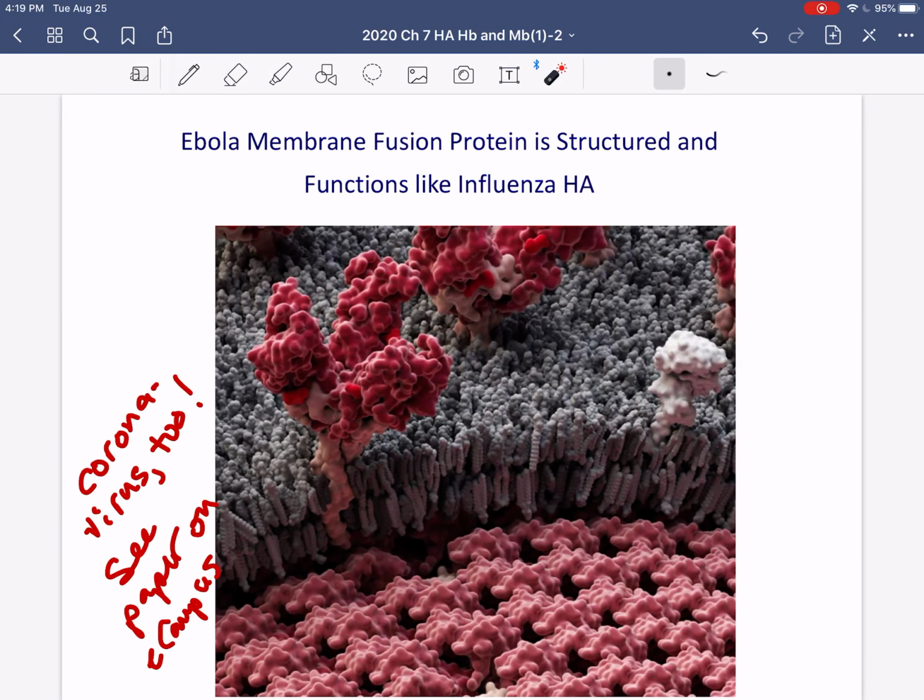And here's a structure in a space-filling model of the Ebola virus trimer on the surface of the Ebola virus membrane in gray. So that's just one example. And if you want to see the structure of the coronavirus spike protein, I've posted that paper in the folder for the viral membrane fusion proteins. This is part 1 of our protein function.